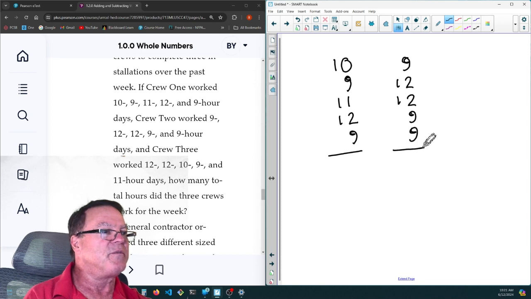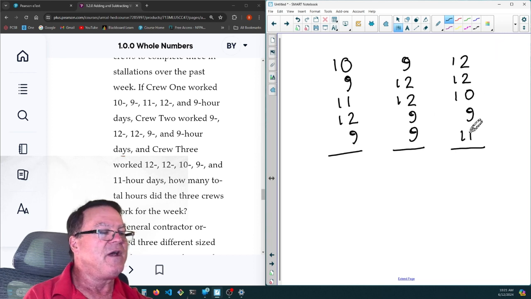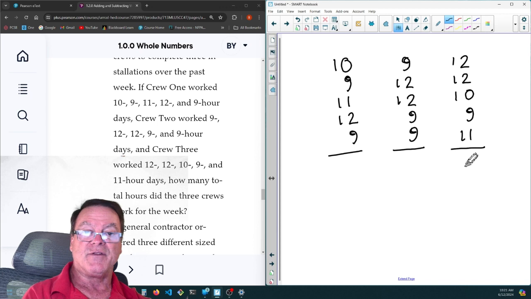And that's crew number 2. Crew number 3 worked 12 hours, 12 hours, 10 hours, 9 hours, and 11 hours. So that's crew number 3. So we'll add these 3 columns of numbers, and then we'll add those 3 totals together to get the grand total.